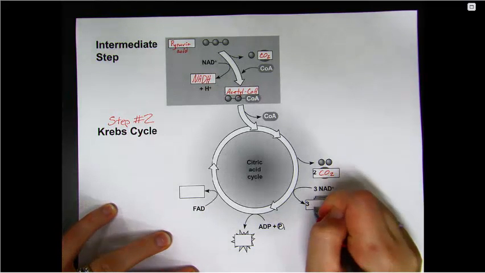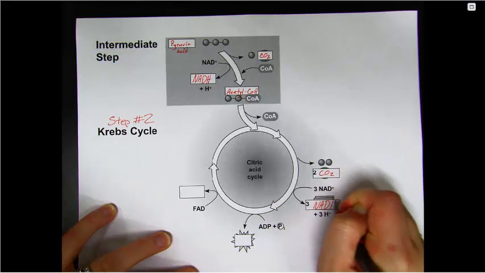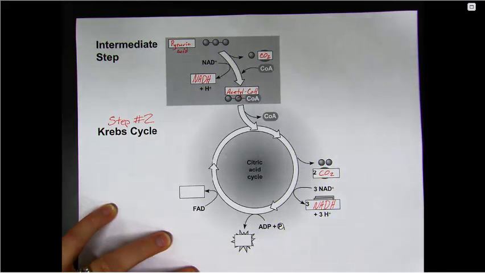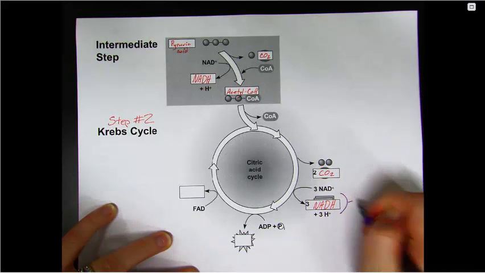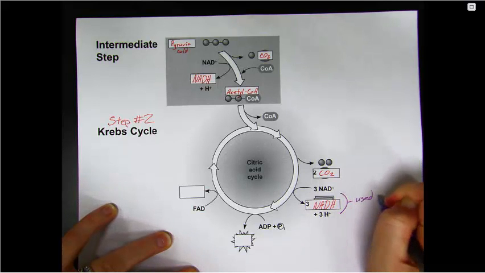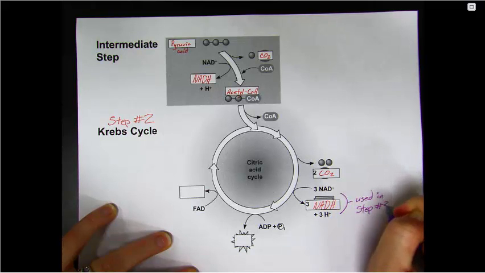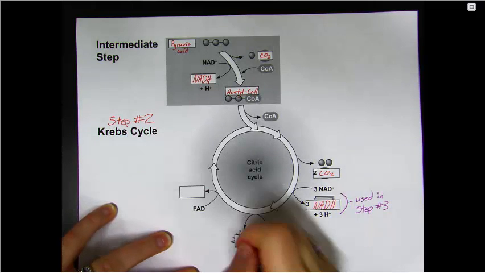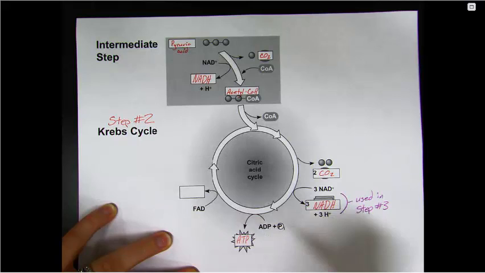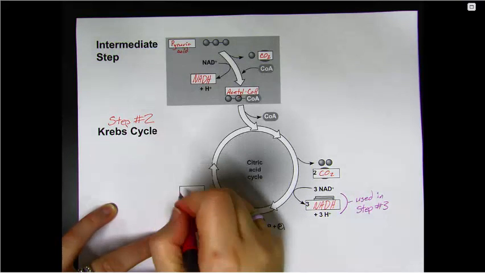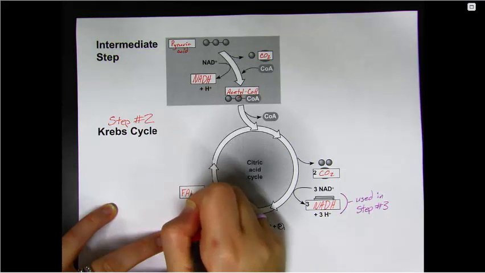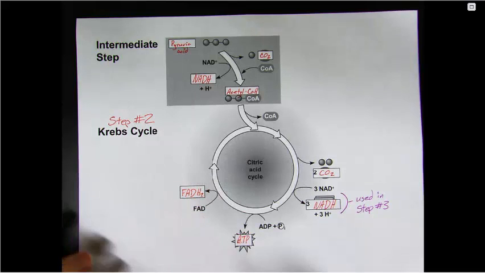It produces some NADH, or those electron carriers. Again, these are going to be used in step number 3. This also produces a little bit of ATP and another electron carrier called FADH2.